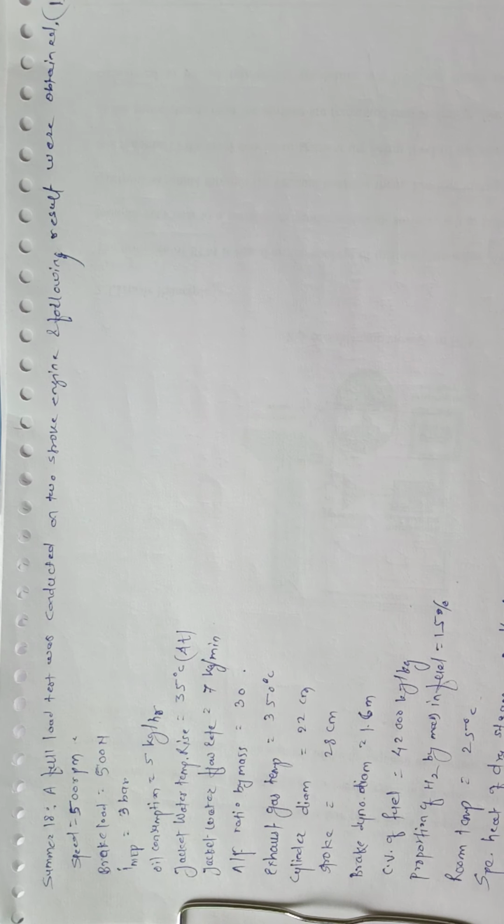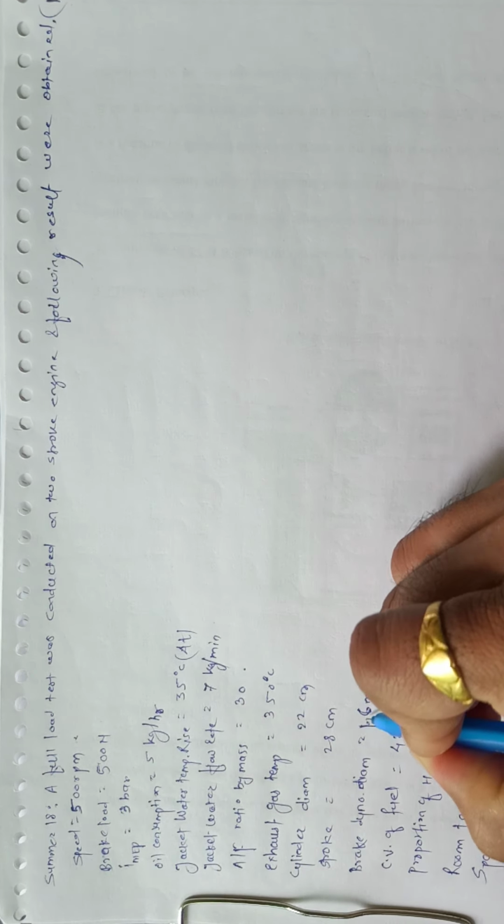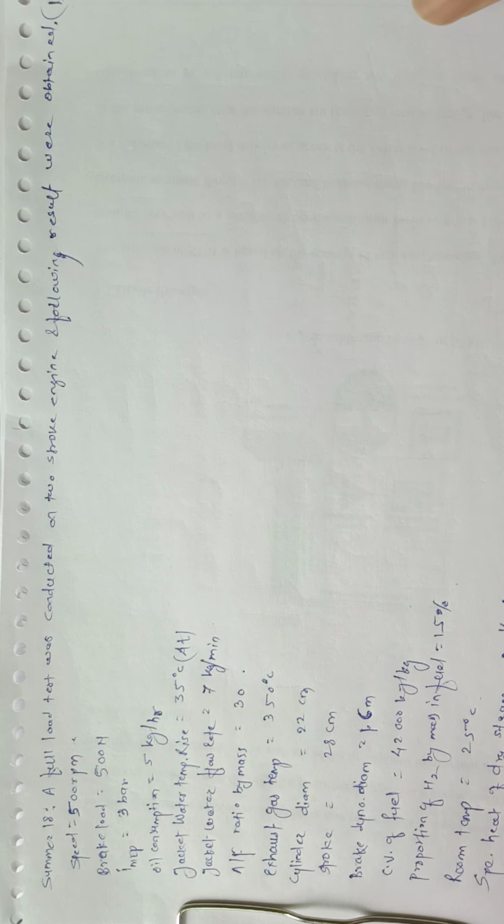Then cylinder diameter 22 centimeter, stroke 28 centimeter, brake dynamometer diameter 1.6 meter, CV value of the fuel 42,000 kilojoule per kg.